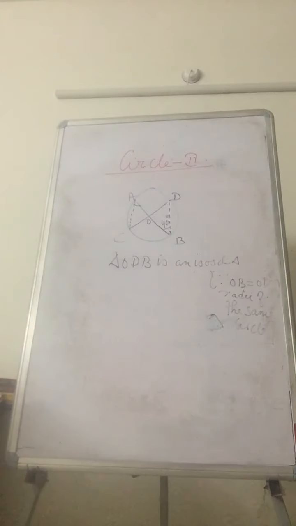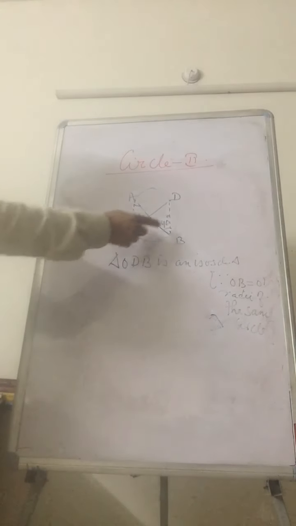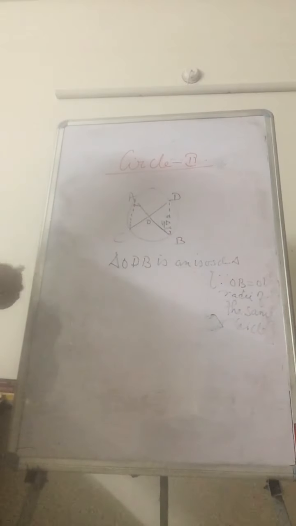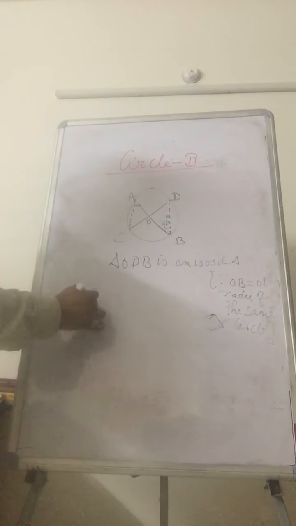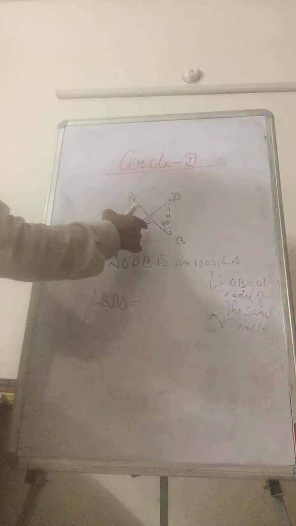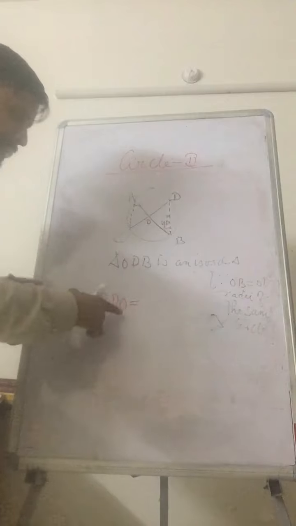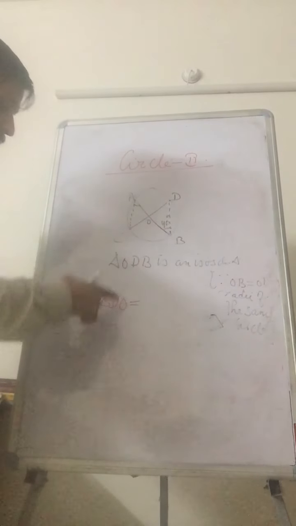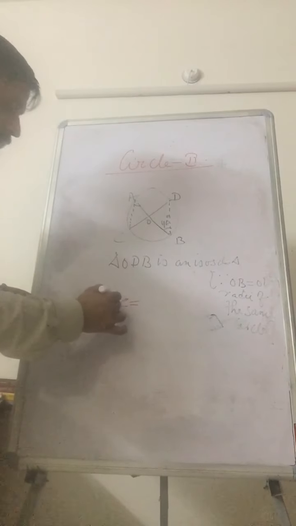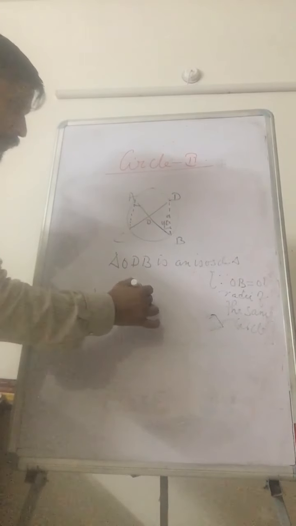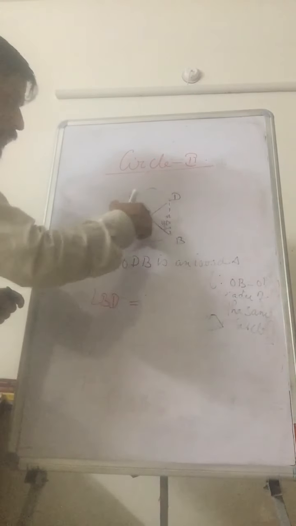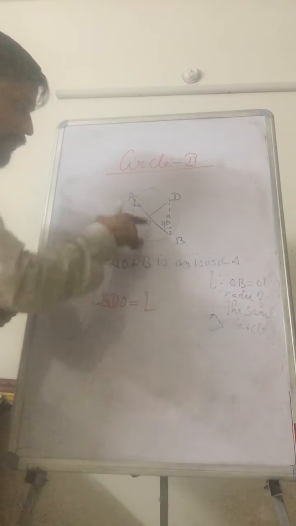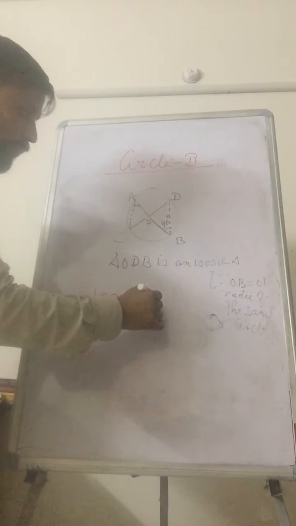We know that in an isosceles triangle the base angles are the same. So angle BDO equals angle OBD.